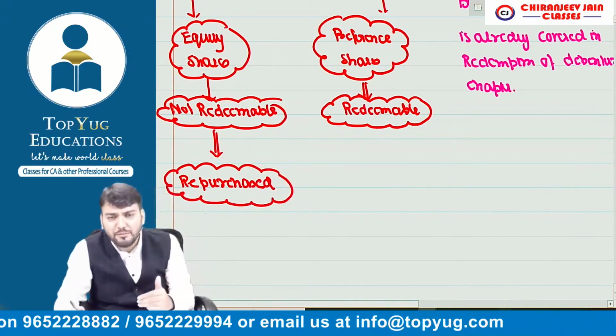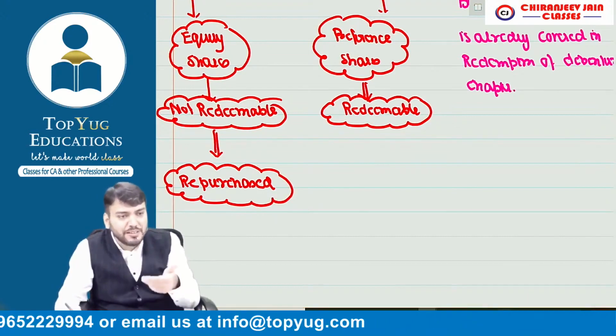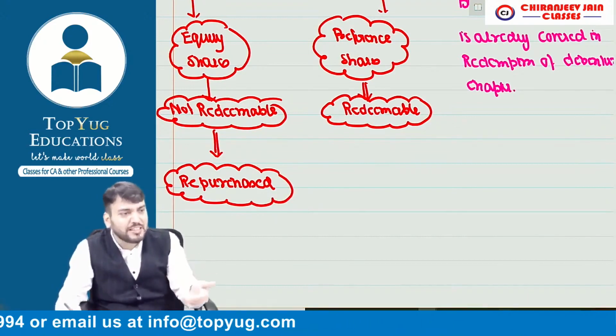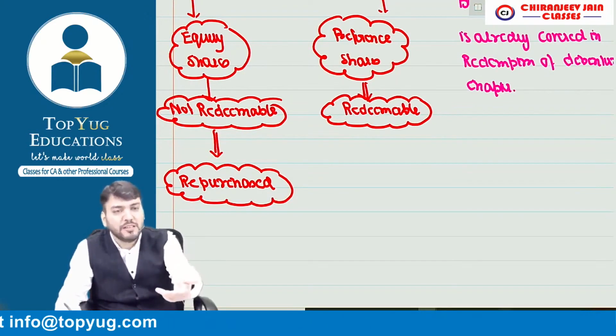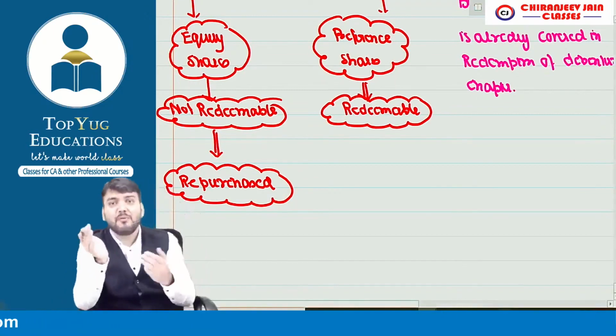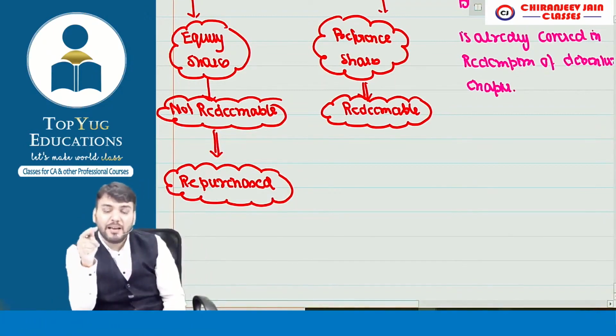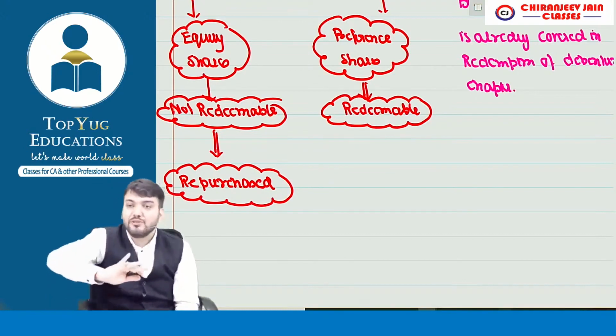When I am saying equity shares can be repurchased, it is nothing but repayment. When you repurchase from equity shareholders, it is nothing but you are paying to the equity shareholders. Correct now? So can I say repurchase or redeemable, both are same only. When I am saying equity shares are not redeemable, of course these are irredeemable, means there is no redemption date.